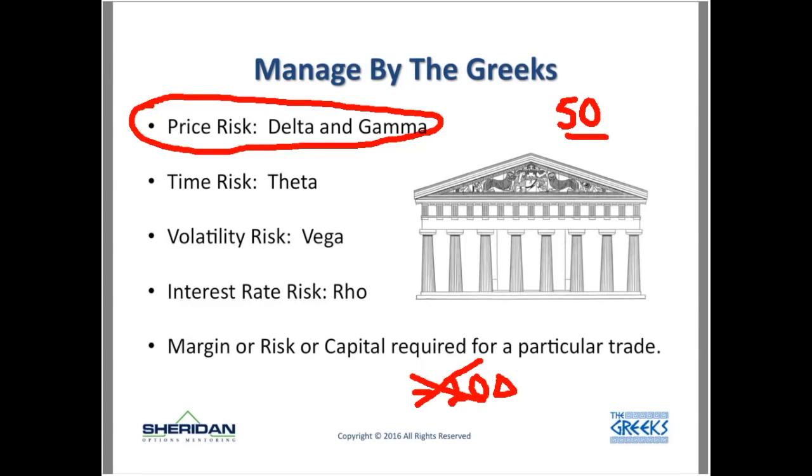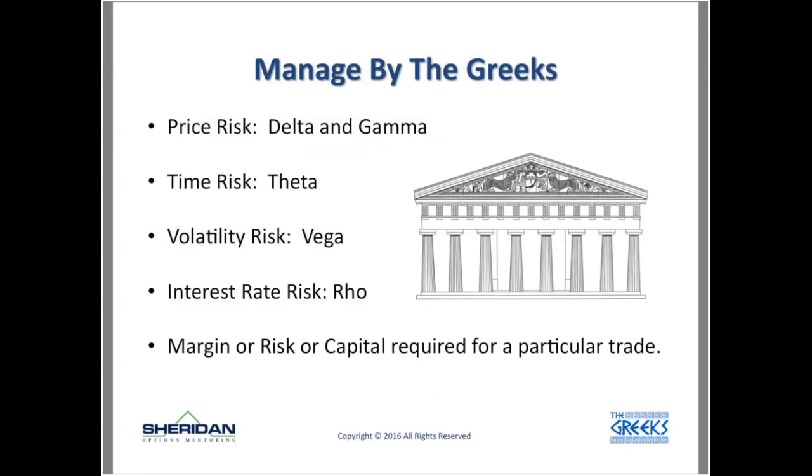So delta, look in terms of stock equivalent. Gamma is just telling you how the delta is going to change if we go up $1, or down $1.